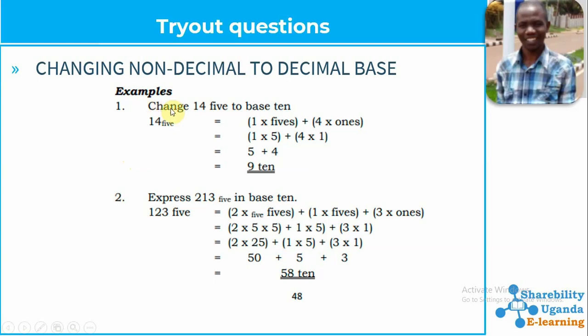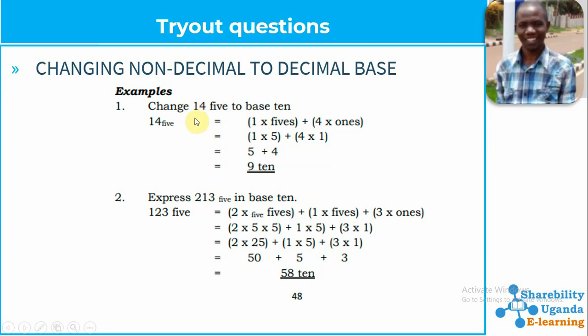So when they say change 14 base 5 to base 10, what we have to know about is our place values. We said that if you have our 4 here, that simply means we have our 4 which is in ones, and then our 1 which is in fives.